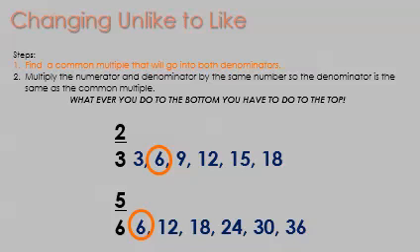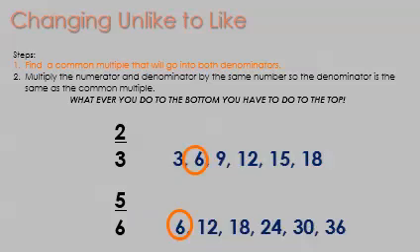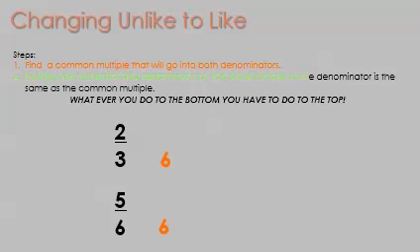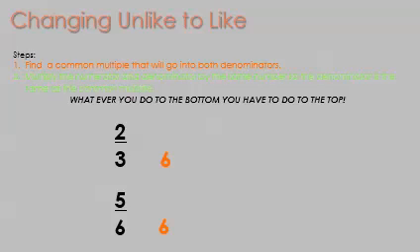Do you still remember when we learned this in the first semester, when we used to find the common multiple of two numbers? The same we are going to do here. So let us continue. 6 is the common multiple. That means I have to multiply the first fraction, the numerator and the denominator at the same time, by 2 to get a denominator of 6.